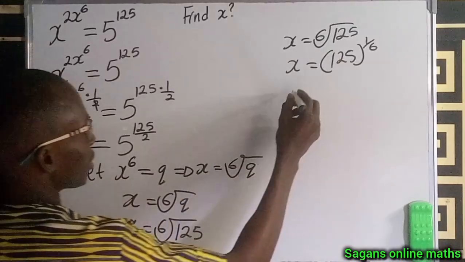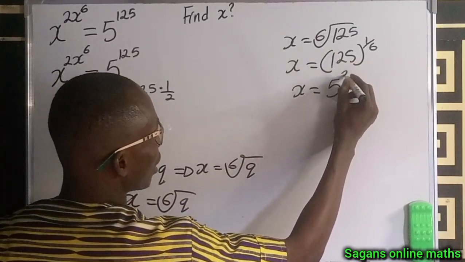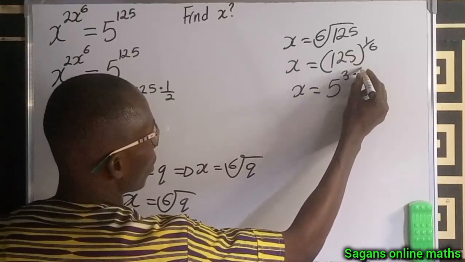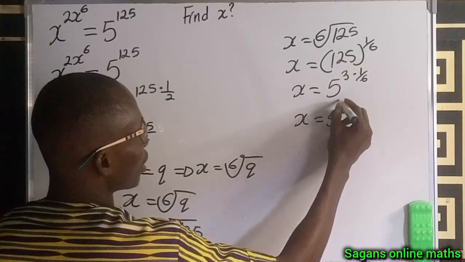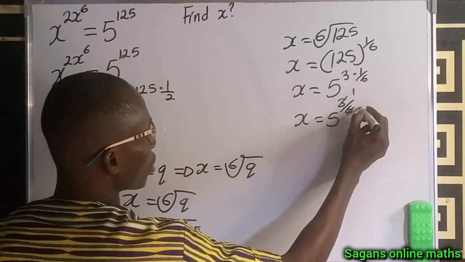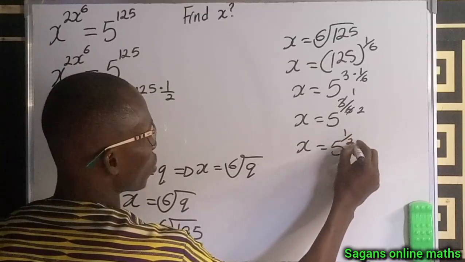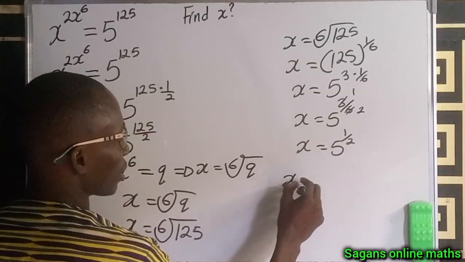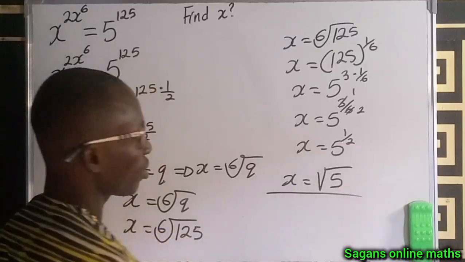Then our x will be equal to 5 to the power of 3, multiplied by 1 over 6. So our x will be equal to 5 to the power of 3 divided by 6. 3 into 3, 1; 3 into 6, 2. So our x is equal to 5 to the power of 1 divided by 2. And this is the same thing as x equals the square root of 5. And this is the value of x.